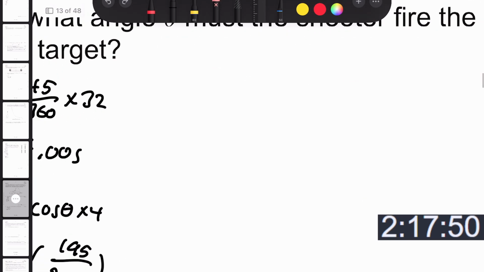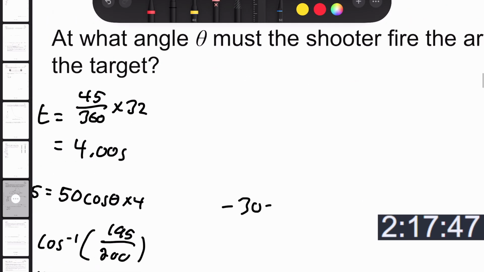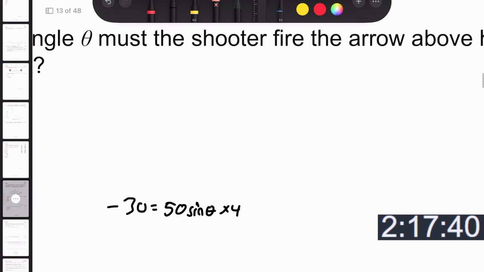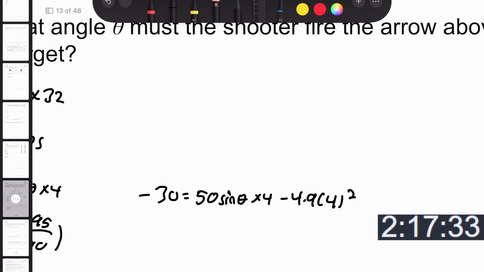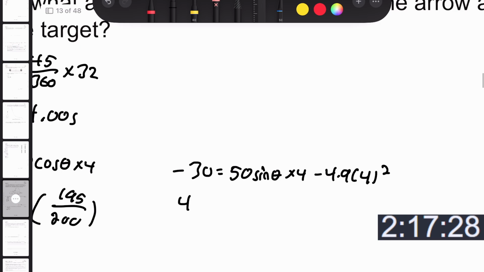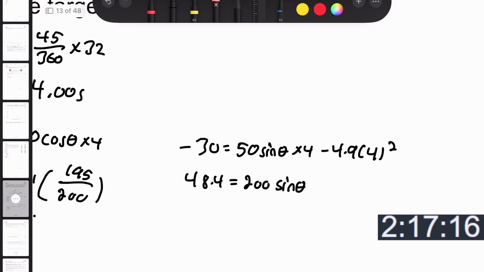Okay, what happens if I say that negative 30 will be equal to 50 sine of theta times 4, so 200 sine of theta, minus 4.9 times 4 squared. So negative 30 plus 4.9 times 4 squared is going to be 48.4 equals 200 sine of theta. So then theta is going to be inverse sine of 48.4 divided by 200. Aha! 14.